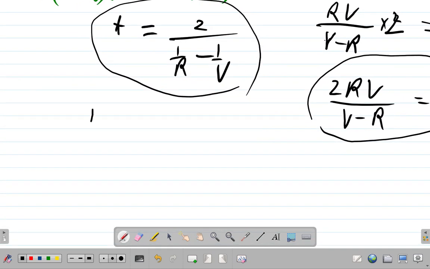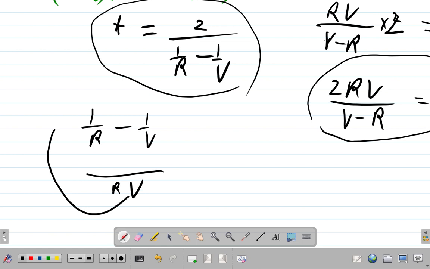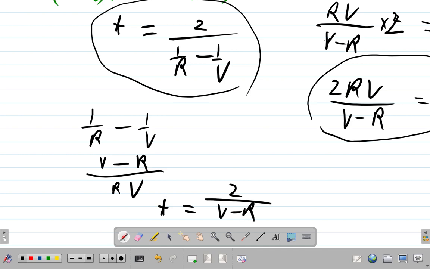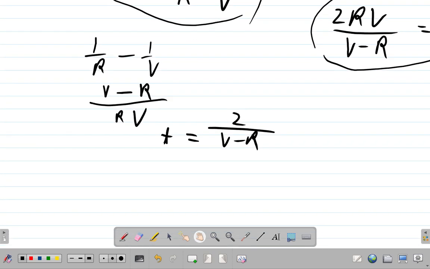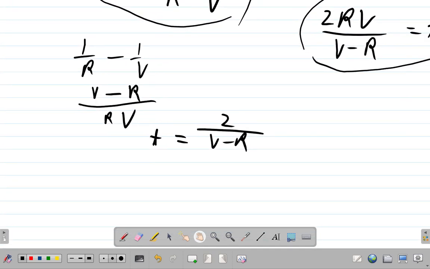If we have 1 over R minus 1 over V, the LCM is RV. R into RV goes V times. V times 1 gives you V, minus V into RV goes R times. R times 1 gives you R. So this is really T equals 2 all over V minus R divided by RV.